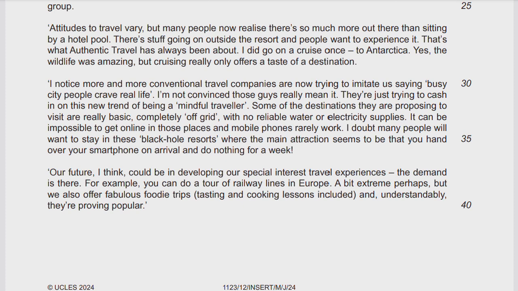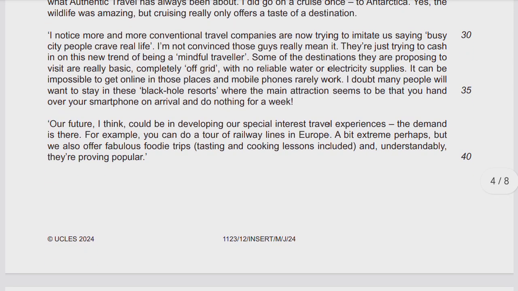I notice more and more conventional travel companies are now trying to imitate us, saying busy city people crave real life. I'm not convinced those guys really mean it. They are just trying to cash in on this new trend of being a mindful traveler. Some of the destinations they are proposing to visit are really basic, completely off-grid with no reliable water or electricity supplies.